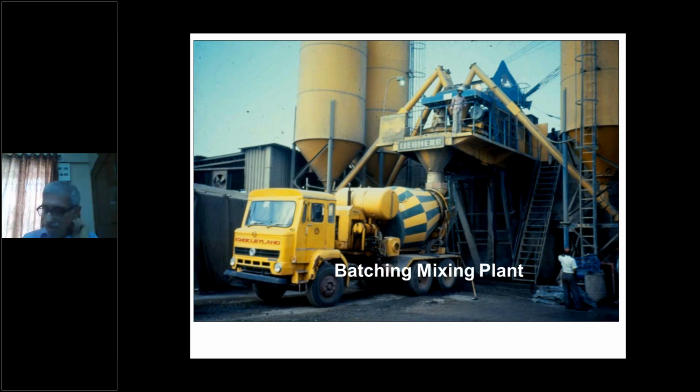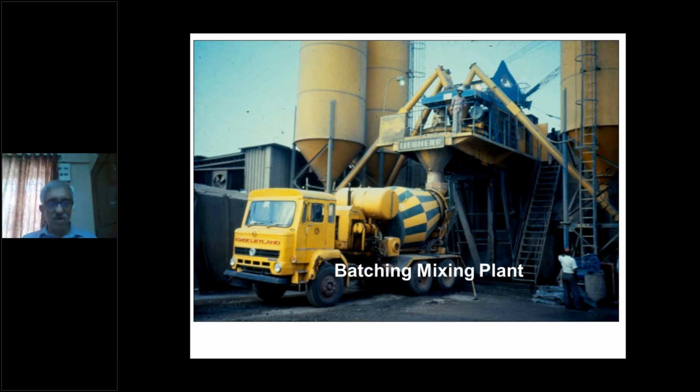Our first experience came somewhere around 1979 when this batching plant was imported from Germany from a company called Liebherr, and our complete idea about concrete manufacturing changed. Nowadays we call it a batching mixing plant or an RMC plant, etc., with different names but the same function.